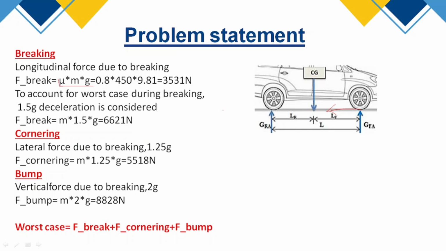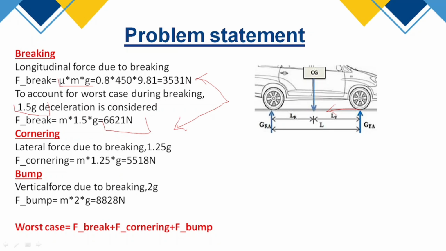But to account for the worst case scenario, like sudden braking, we have considered a deceleration of 1.5 g, and calculating mass into acceleration 1.5 g, we get a force of 6621 newton, which is higher than the force calculated from the friction equation. So we consider this 6621 newton as the worst case scenario.